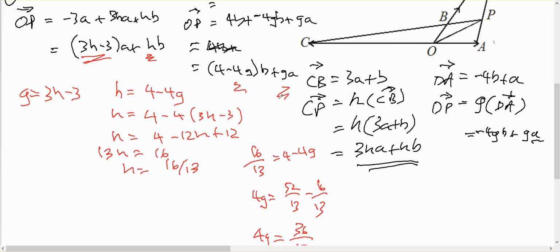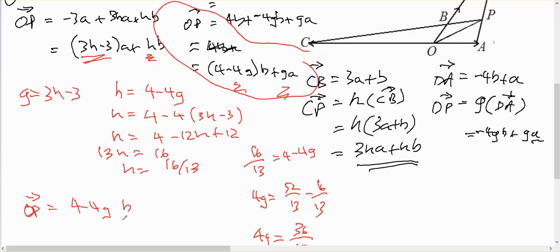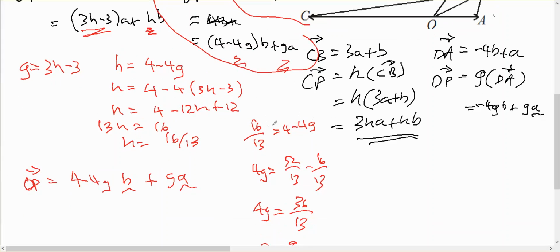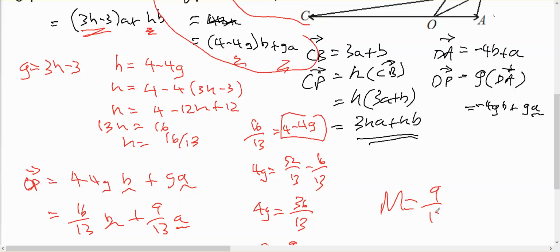Now, from here, OP equals 4 minus 4G B plus GA, I know that 4 minus 4G is 16 on 13 and G is 9 on 13. Therefore M equals 9 on 13 and N equals 16 on 13.